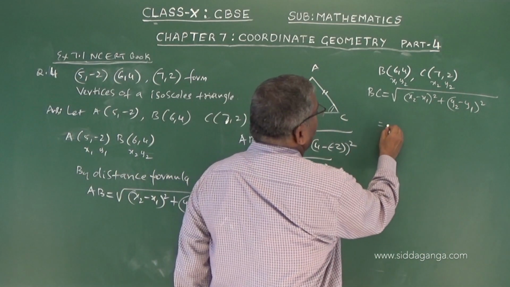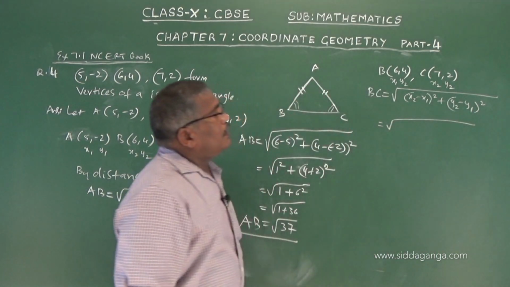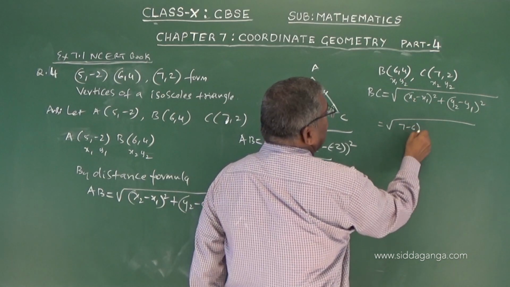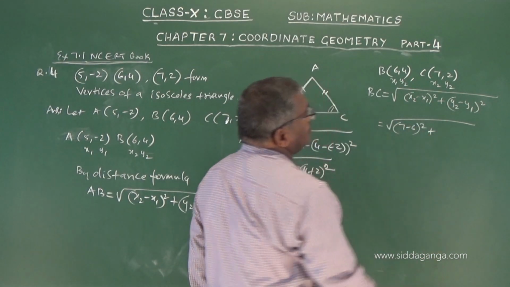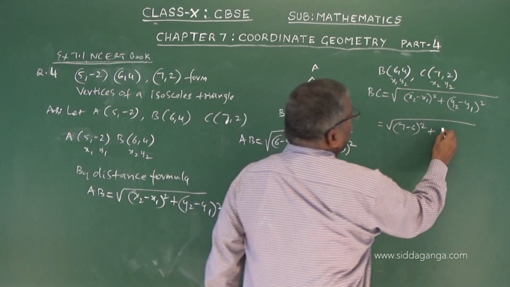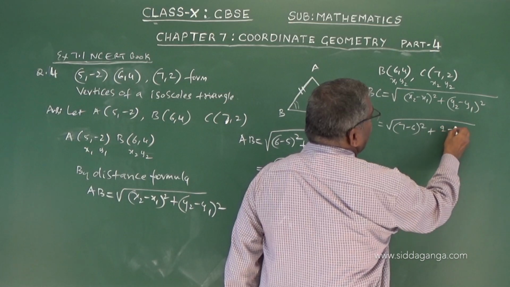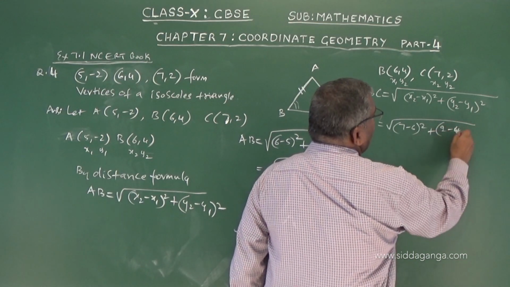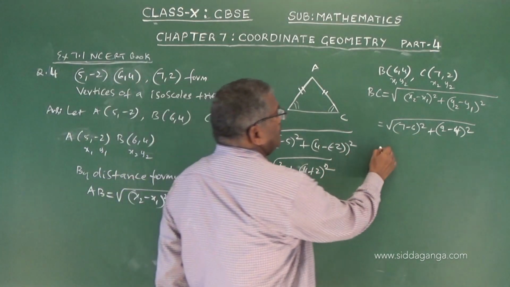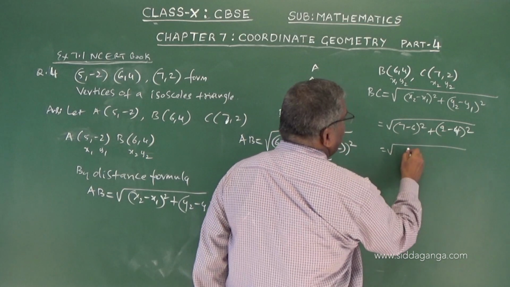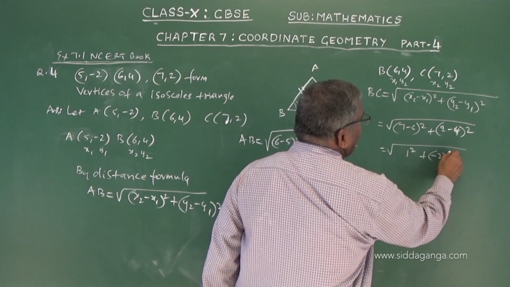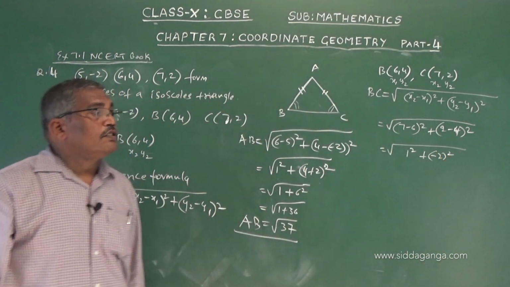So under the square root you will get x2 minus x1, 7 minus 6, whole square, plus y2 is 2, 2 minus 4, whole square. 7 minus 6 is 1, so 1 square plus minus 2 whole square. 2 minus 4 is minus 2.